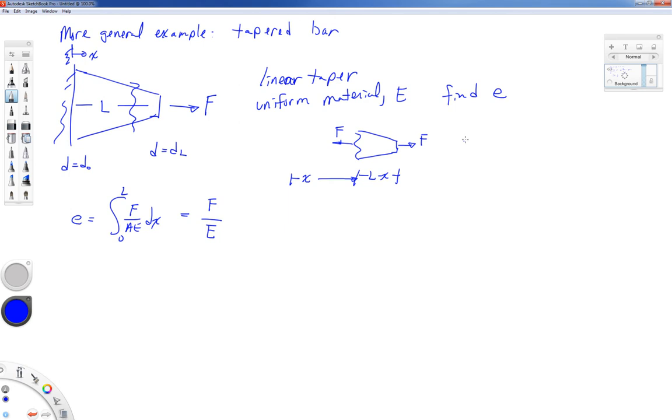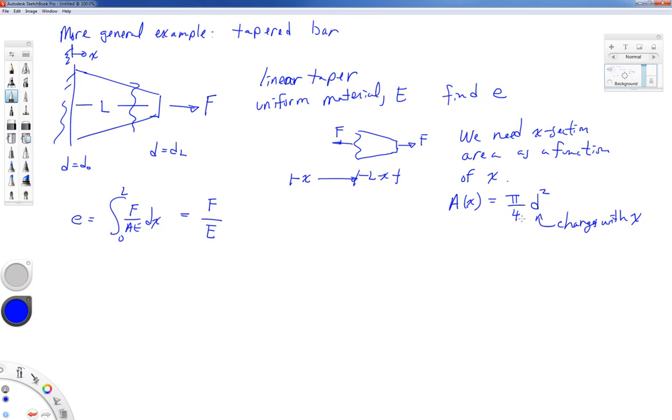We need to find the area as a function of x, the area of the cross-section of the bar. We can do that because for any particular cross-section, we can compute the area from the equation pi over 4 times the diameter squared, where the diameter changes with x.